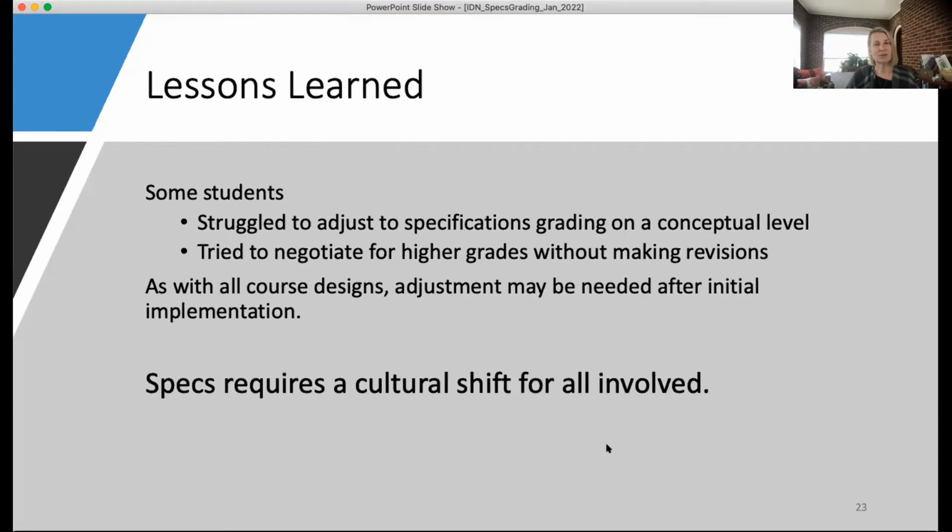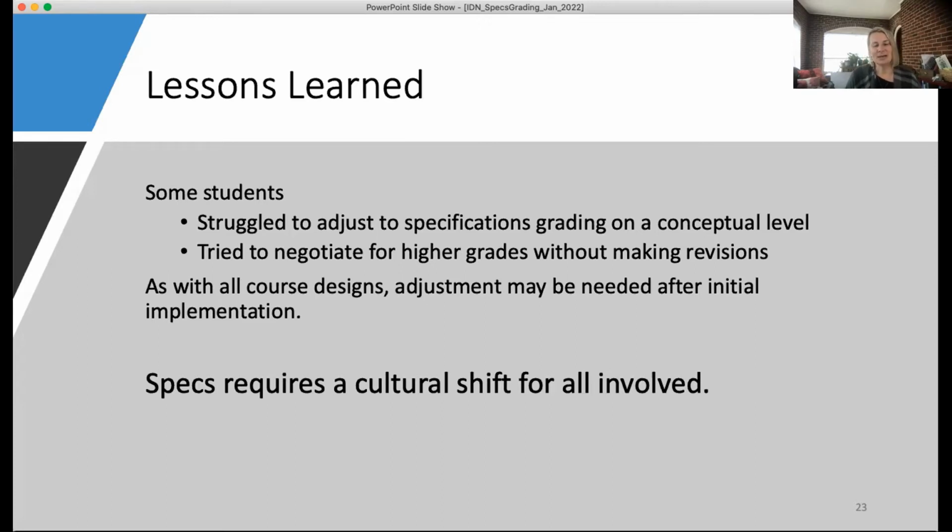And we did have the students who struggled, and conceptually, they just weren't clicking in because they've had years and years in a system that is grading them differently. And they would try to negotiate, why do I have to revise this if I missed this item for a high pass? Can't you just give me a partial grade?